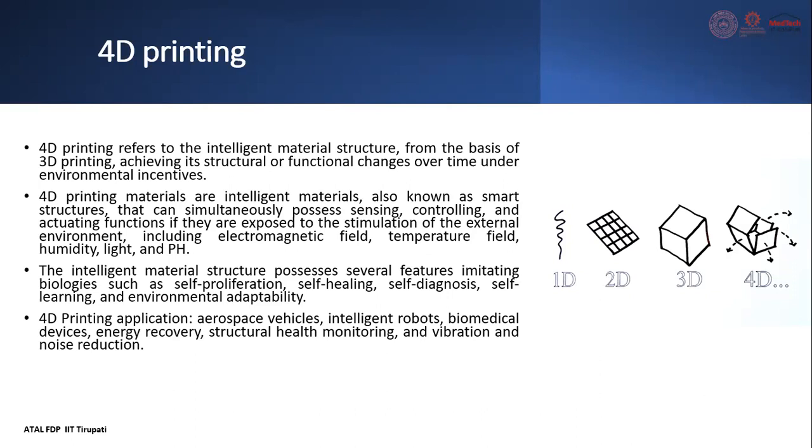You can change it by light, by pH, by concentration, by electromagnetic field, temperature field, etc. The intelligent material structure possesses several features imitating biology, such as self-fulfilling, self-healing, and self-diagnosis. All these things are nowadays done by using 3D printing.